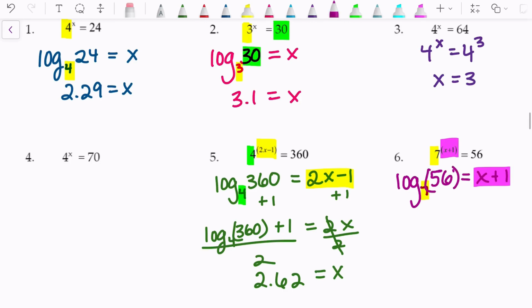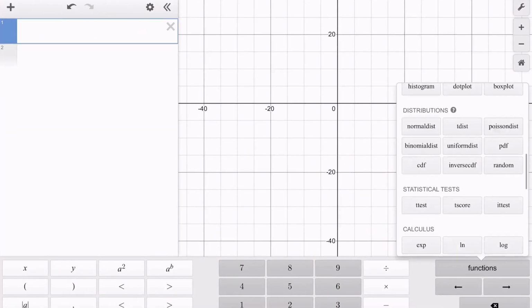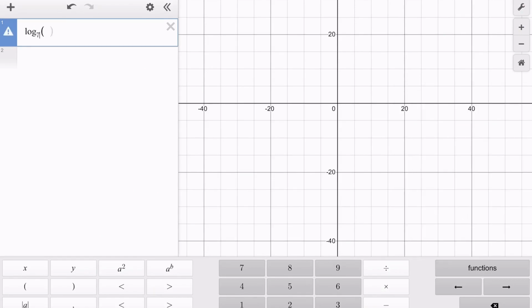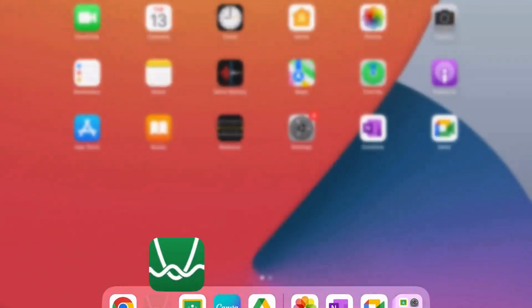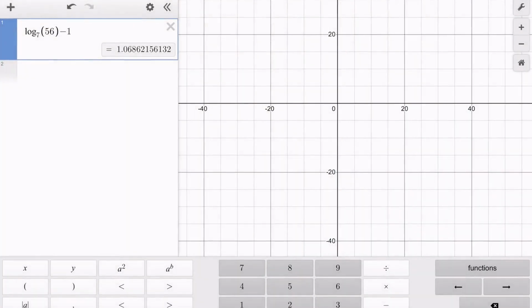It might help you to put parentheses around what's inside of your log. Take away the 1, and then I'm just going to type it in the calculator all at once. So I have log base 7, I think it was 56, but I'm going to go back and check, minus 1. Yep. And I have 1.07.